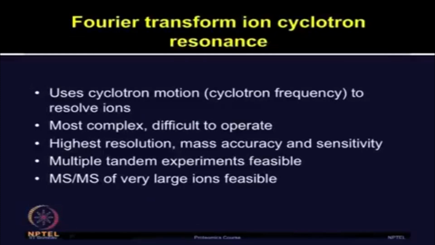It uses cyclotron motion or cyclotron frequency to resolve the ions. Although operationally it is very complex and not easy to operate, it provides the highest resolution, mass accuracy and sensitivity. It also provides the capability of multiple tandem experiments, and MS/MS of very large ions is possible by using FTICR MS.